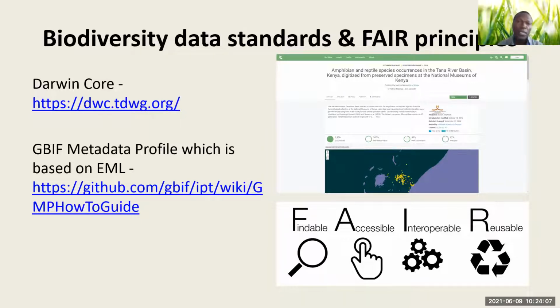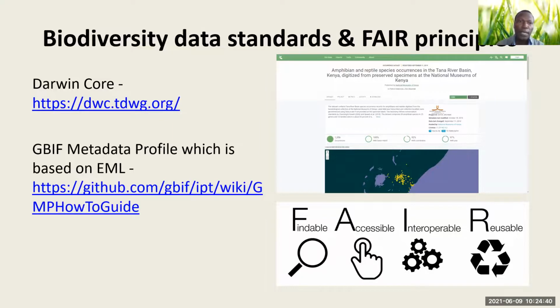If they are working with other types of data like water, they must follow international standards. And we would like the data to be FAIR: it should be findable, accessible, interoperable, and reusable. So for biodiversity data, of course, we use the Darwin Core standards, and for metadata, the GBIF metadata profile.